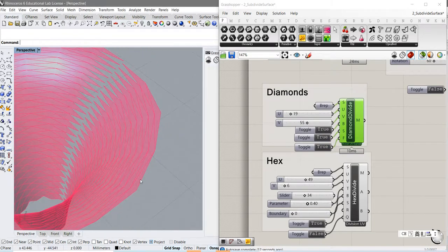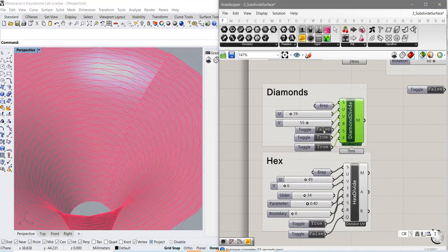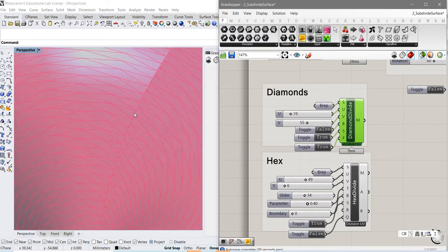Okay, now why is that? Here, when I turn the boundary to be false, then we have a line that divides this set of diamonds into triangles.